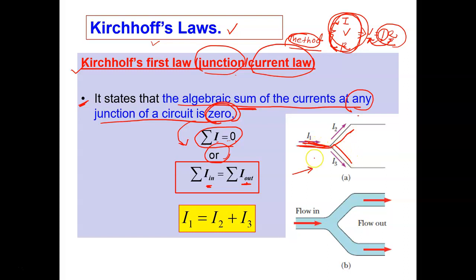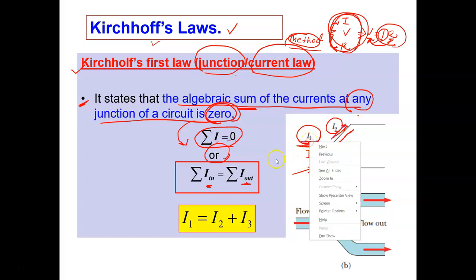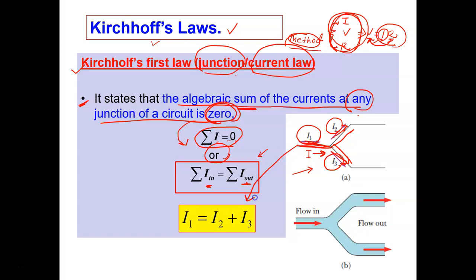So let's say the I that comes into this junction is called I1, so it is into the junction. Then the other two go out from the junction, and their notations will be different from I1. So this is I2 and the other one is I3. Now when I write this expression in a form that follows this statement, it will be just like this one.